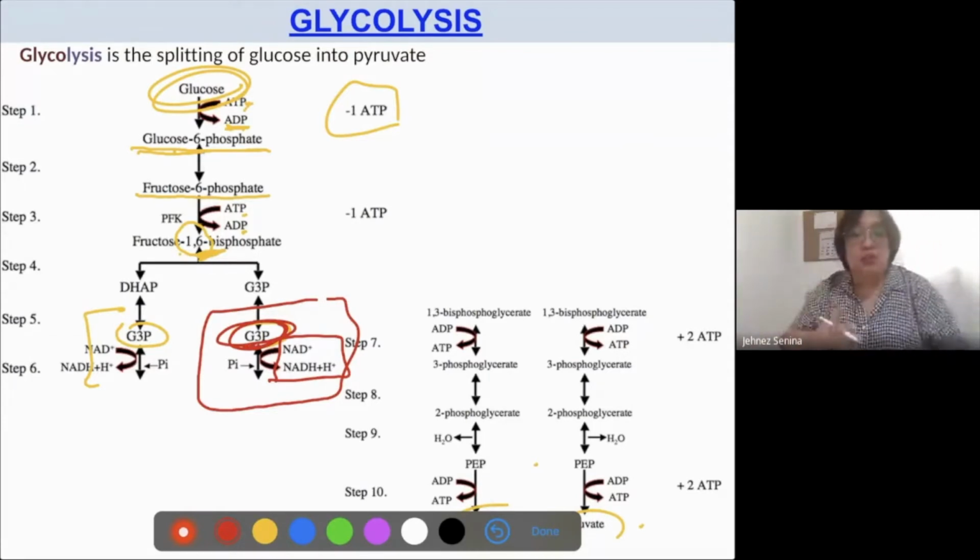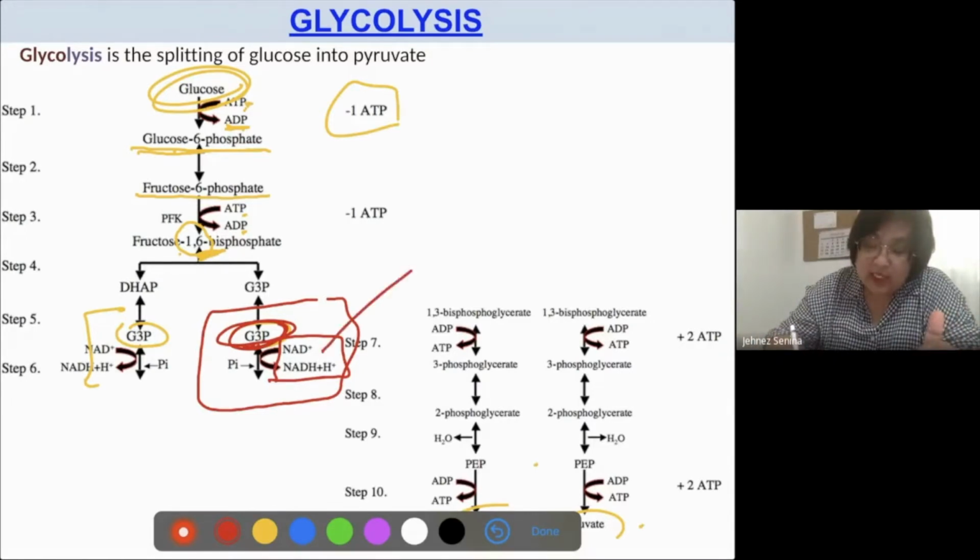I think in your textbook it said triose phosphates are oxidized. At the same time, NAD plus is reduced. Is this important? Yes. Keep in mind, this will be used in the final step, oxidative phosphorylation. That will be used later.